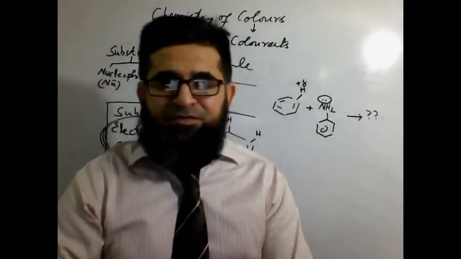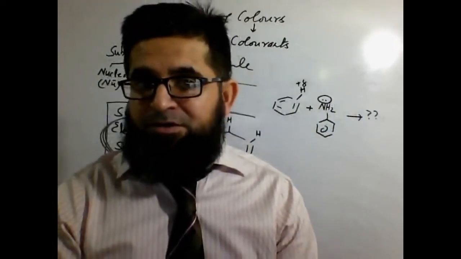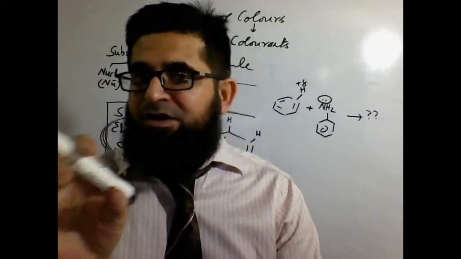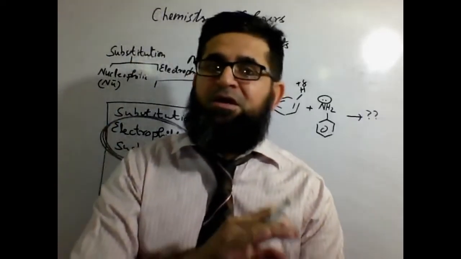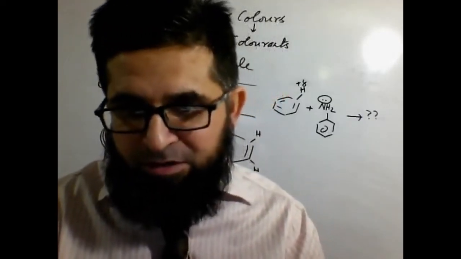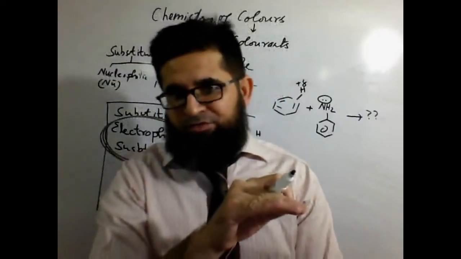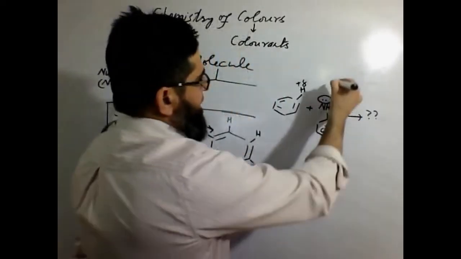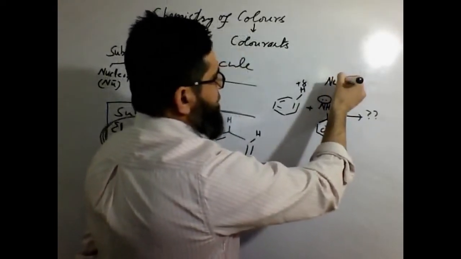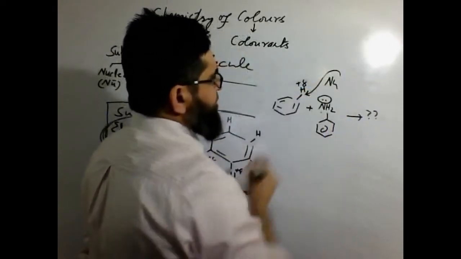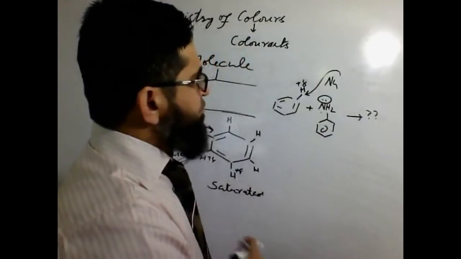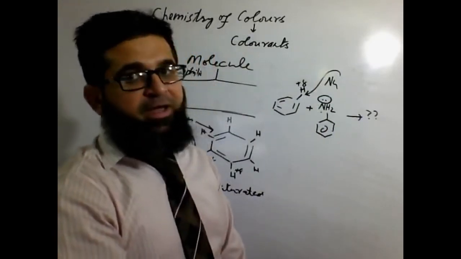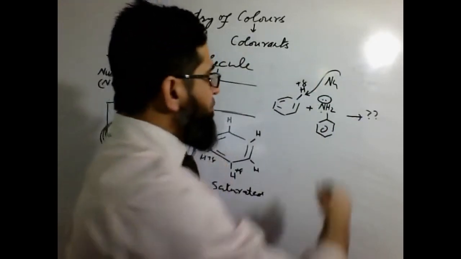Presence of electrons means negative charge. So somebody having negative charge is supposed to act as a nucleophile rather than an electrophile. So it's a nucleophile. I can write Nu to replace the proton. Will that happen or not? No, it will not happen.